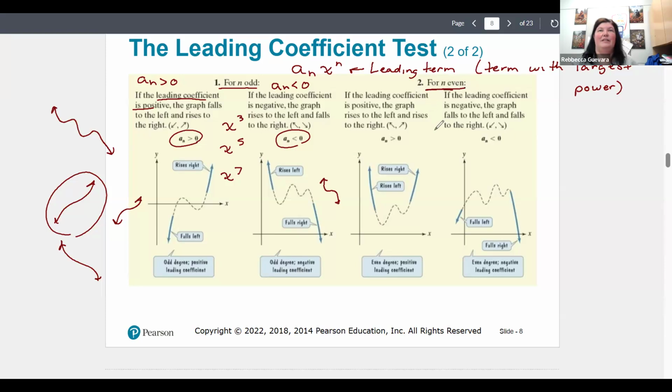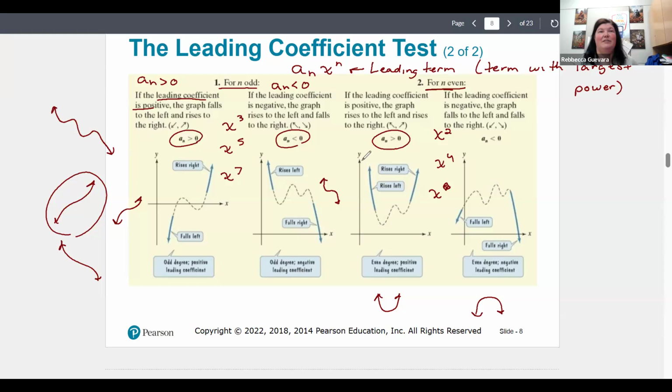Now, if n is even, like if we have x squared, x to the fourth, x to the sixth, what we have here is these basic shapes. If the leading coefficient is positive, the graph is going to rise to the left and rise to the right.